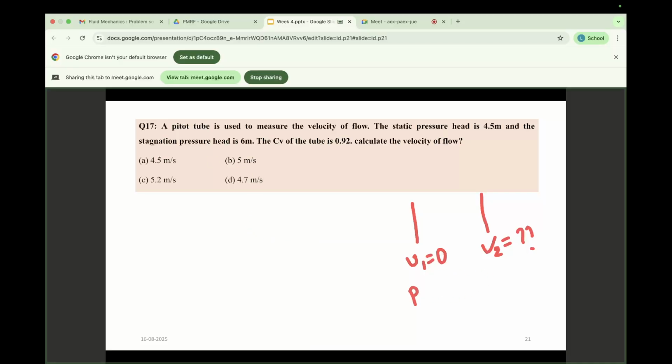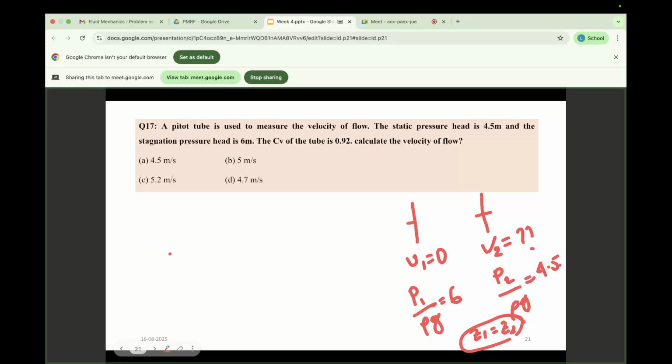That means in these cases P1 by rho g is given as 6, right? And P2 by rho g is also given as 4.5, right? There are no details on Z1 and Z2, so that means I consider Z1 equal to Z2.